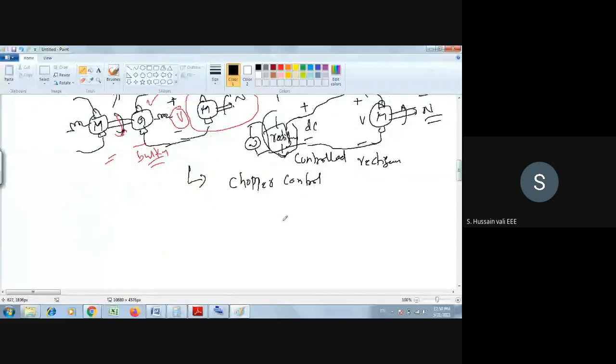I hope you have studied in the previous semester what a chopper is. Using this chopper we will control the motor. Here is the switch, the diode, here is the inductor, then here is the load. This is a basic chopper circuit.